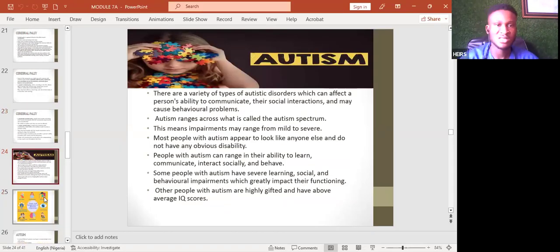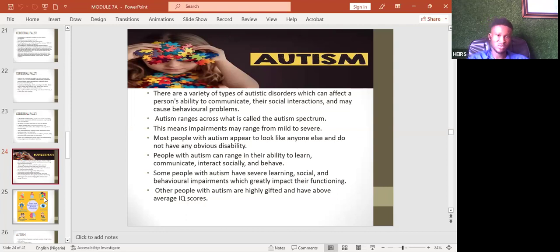The next is autism. Autism is another type of developmental disability. There are a variety of types of autistic disorders which can affect a person's ability to communicate and their social interactions, and may cause behavioral problems. Autism is generally an inability to communicate and to have social interactions, which can cause varieties of behavioral problems.